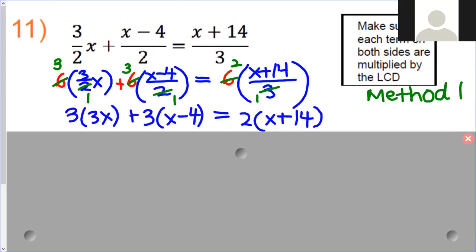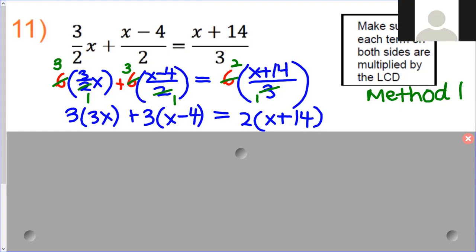So it looks like something like this. That's how I rewrite the question when I've eliminated the fraction.